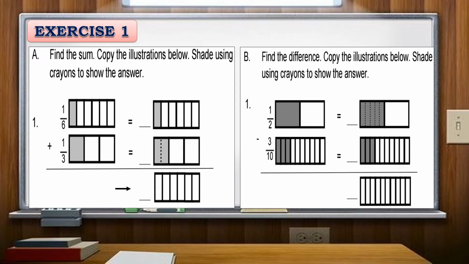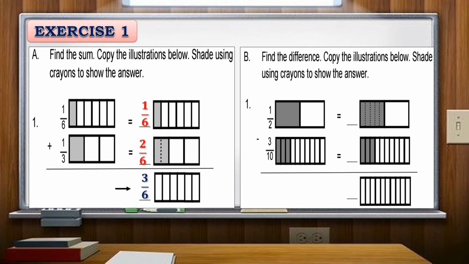Let's add 1/6 plus 1/3. We will cut 1/3 into 6 equal parts. So 1/3 will become 2/6. 1/6 plus 2/6, we can add them now.